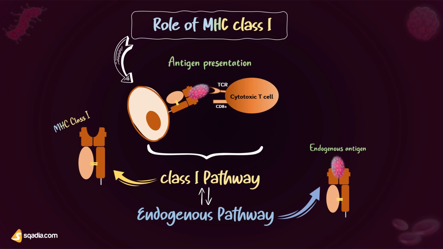And what are these endogenous antigens? Well, endogenous antigens are those immune-triggering molecules that exist inside the body's own cells. And these endogenous antigens are processed inside the cell and are presented by the MHC Class I molecules to the cytotoxic T cell via the endogenous or Class I pathway, which we are just going to learn here.